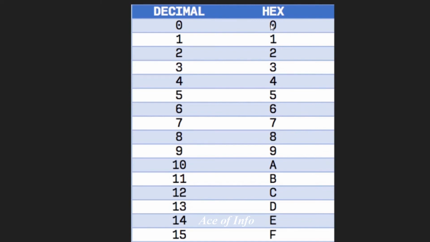Just like decimal, it goes from 0 to 9 normally, but after 9, instead of 10, it has A. Okay, and instead of 11, B, instead of 12, C, instead of 13, D, instead of 14, E, 15, F. Okay, that is how we do our number system in hexadecimal. Now, for example, if you have to say 12 in hexadecimal, it's C.